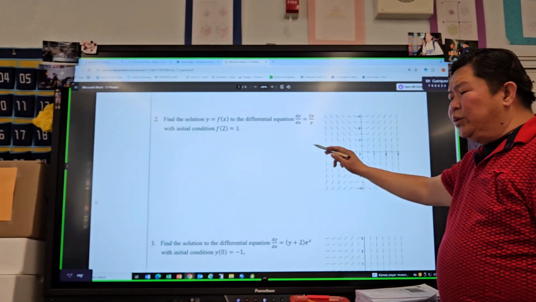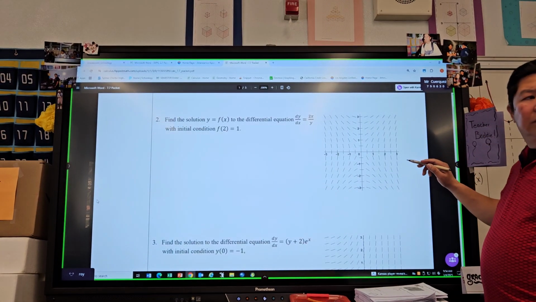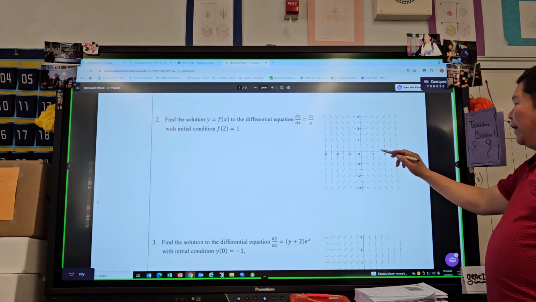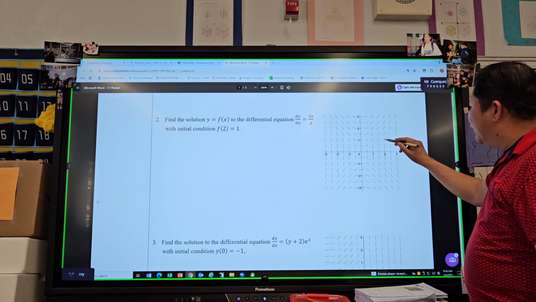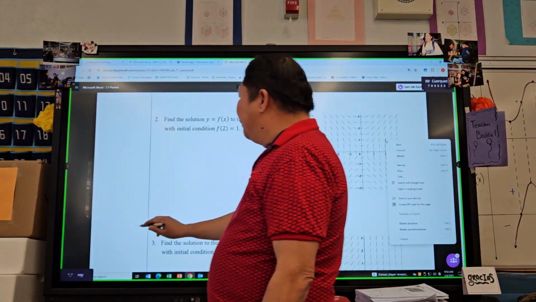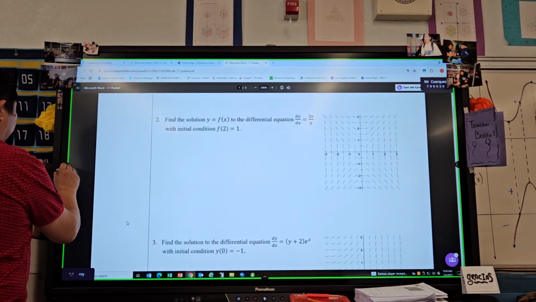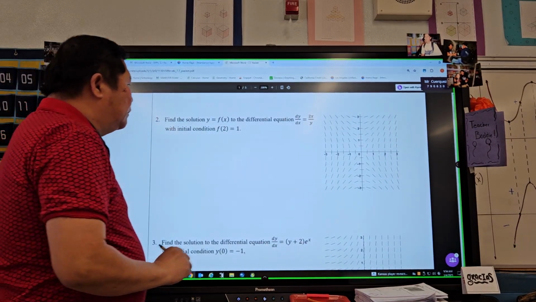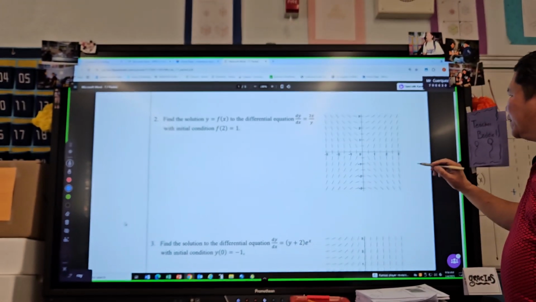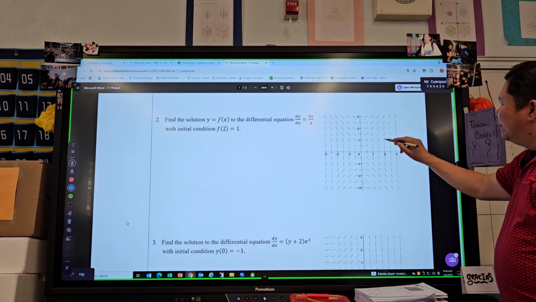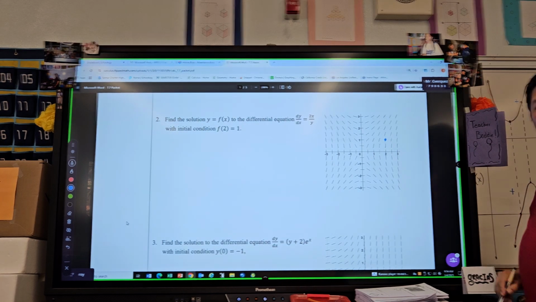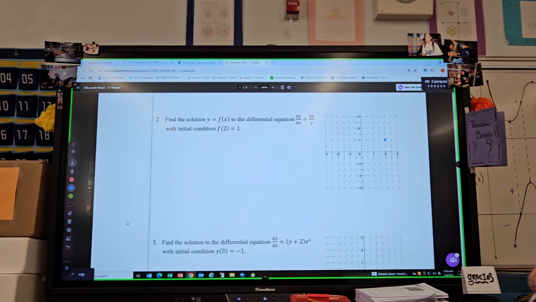If x is 2, the function is 1, right? If x is 2, the function is 1 right here. If we graph that one, that means the point (2, 1). This is the graph, right?